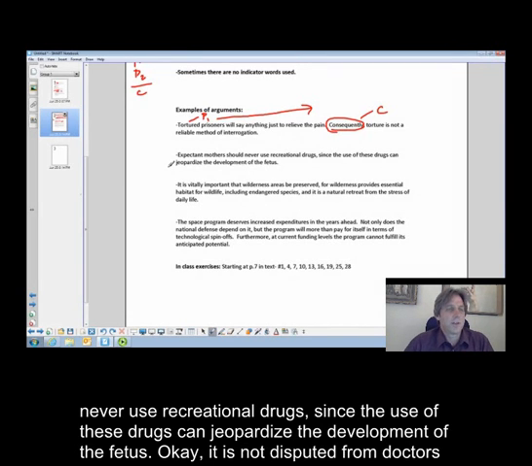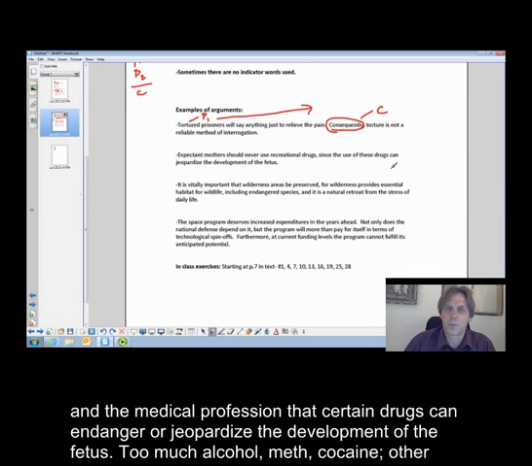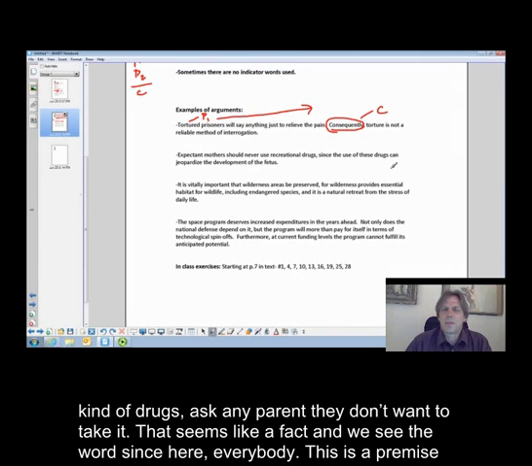Expected mothers should never use recreational drugs, since the use of drugs can jeopardize the development of the fetus. Okay, it's not disputed by doctors in the medical profession that certain drugs can endanger or jeopardize the development of the fetus, right? Too much alcohol, meth, cocaine, other kinds of drugs. Ask any parent, they don't want to take it, okay?